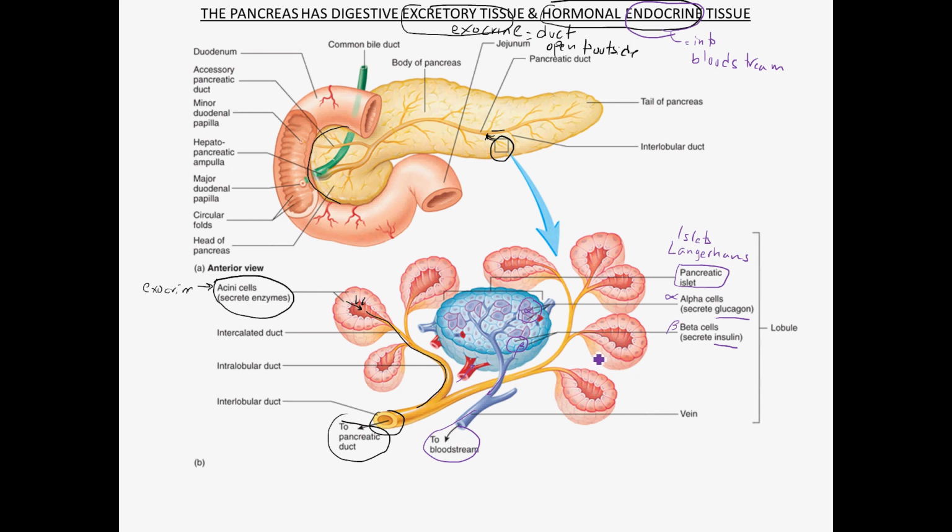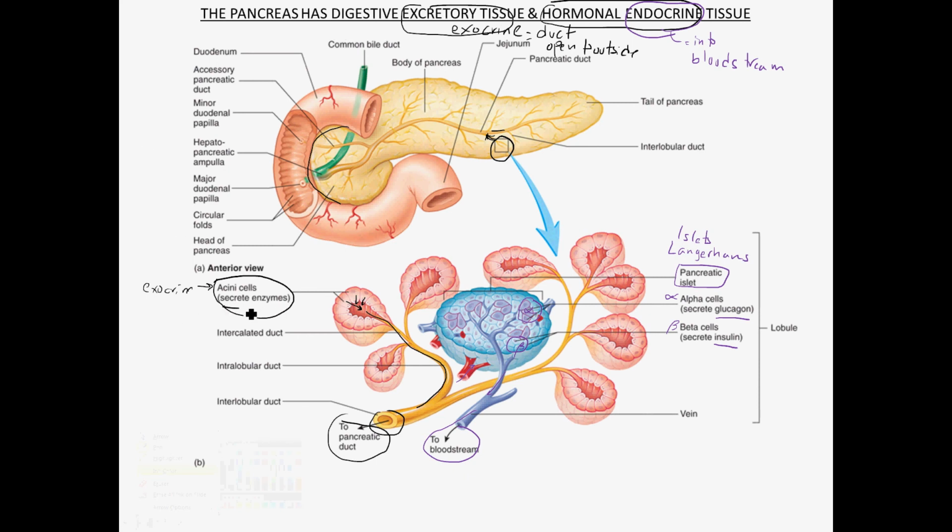Right? So the exocrine and the endocrine tissue there, you need to know the distinction between them, which cells are associated with what structure there. But to reemphasize again, the cells that are involved directly with the digestive system of the pancreas here are these acini cells and the exocrine tissues.